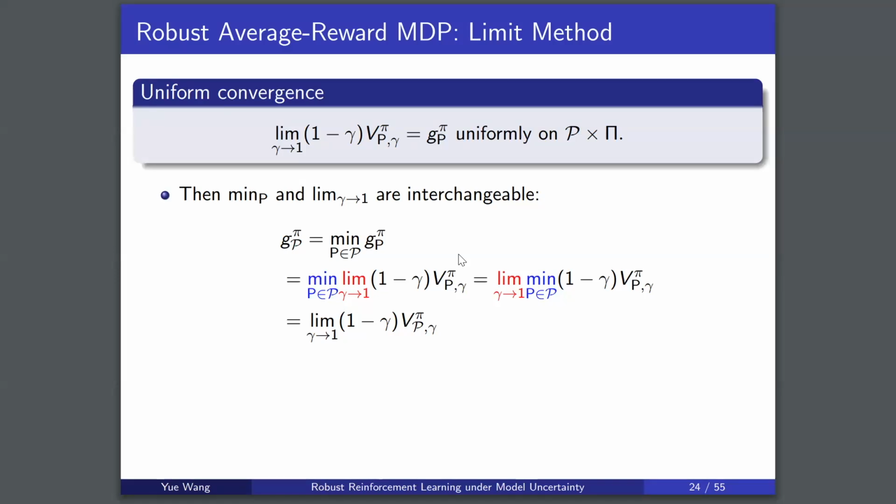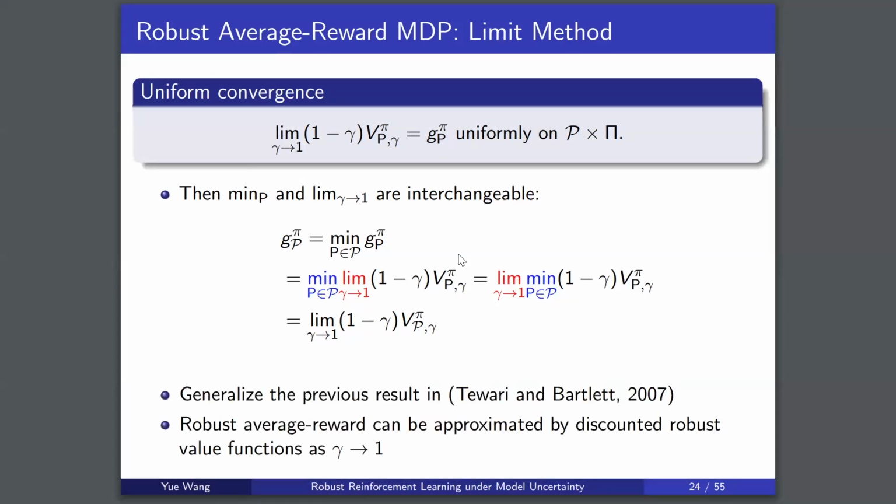So this uniform convergence implies that we can swap the order of these two operators regardless of the number of the worst cases. By swapping the order, we show the convergence of the robust discounted value function, and hence we generalize the result in the previous work. Our result also implies that the robust average reward can be approximated by the discounted value function as gamma goes to 1.